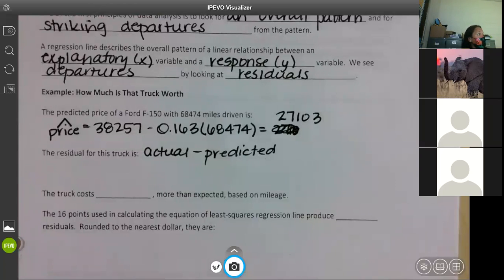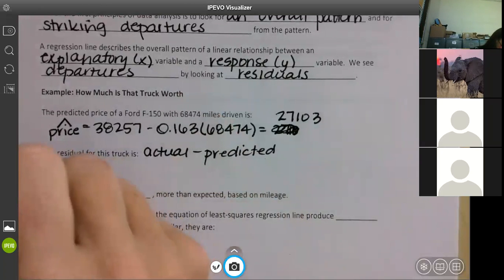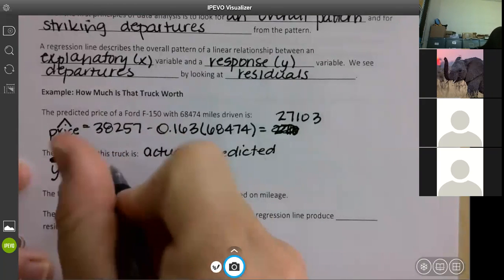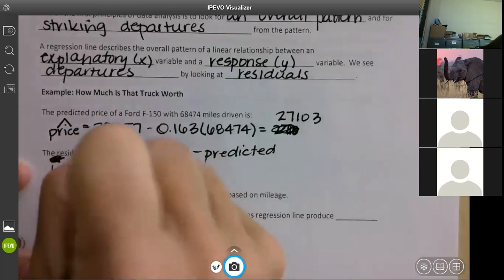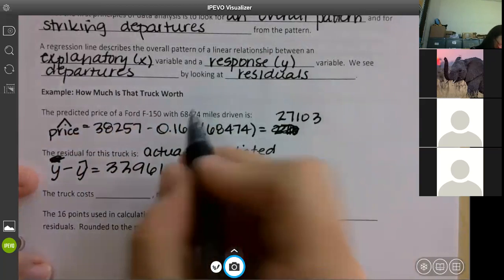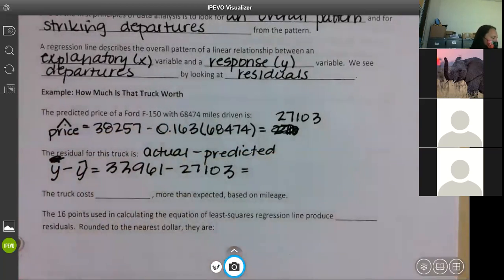Is everybody good with that? Okay, so that actual price was 33961. I did not pull that out of thin air. It was from the chart in the very beginning that we typed all our stuff in, Lauren. Minus 27,103, which gives us a residual of what?